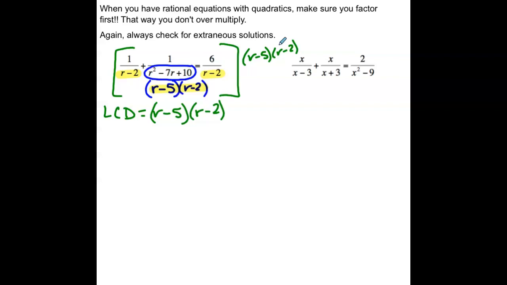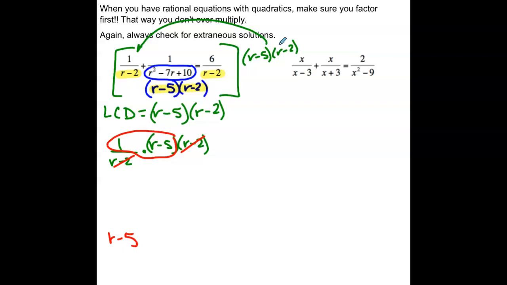All right, so what's going to happen? When we distribute that to the first one, we have 1 over r minus 2. We're multiplying it by both an r minus 5 and an r minus 2, which means that the r minus 2's are going to drop out. And 1 times r minus 5 would be r minus 5.